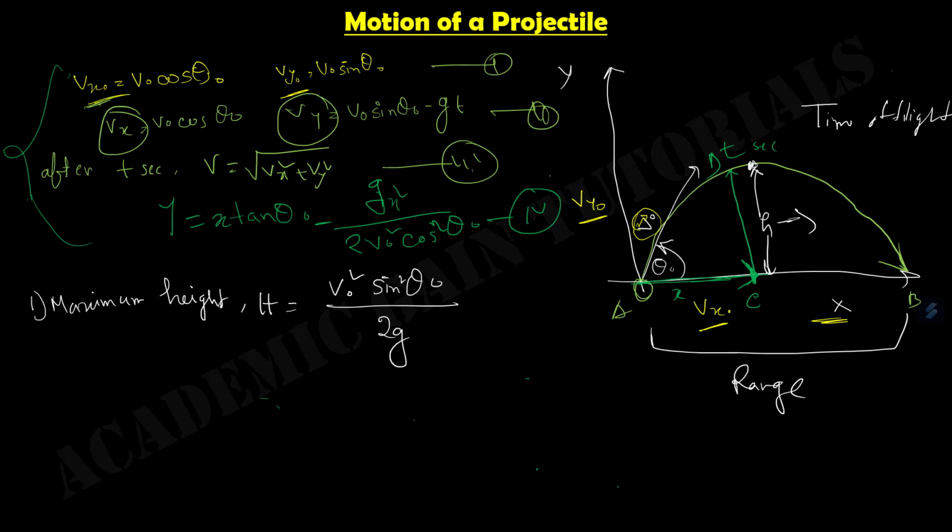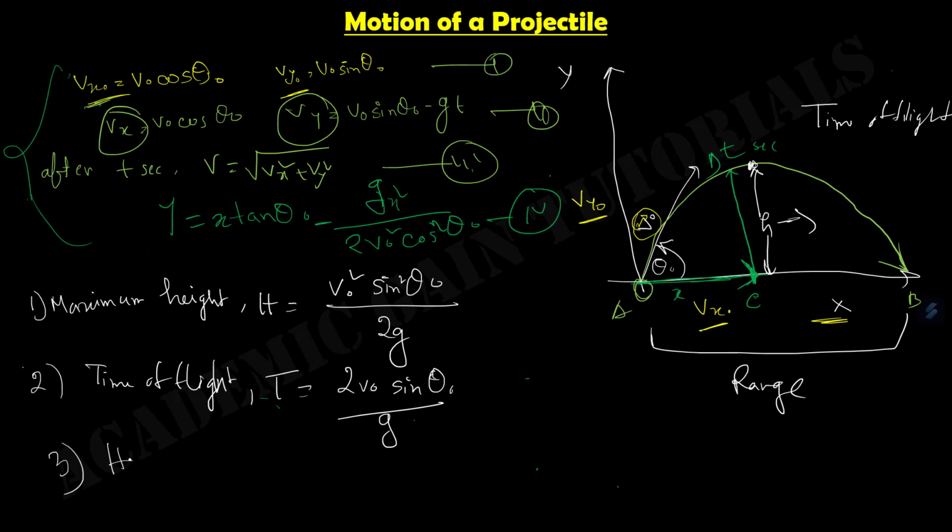So for maximum height we will use this formula. The second one is time of flight. For time of flight, capital T equals 2 v naught sine theta naught by g.